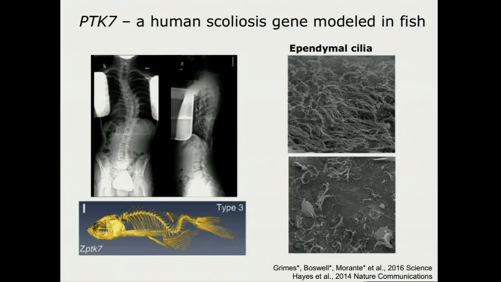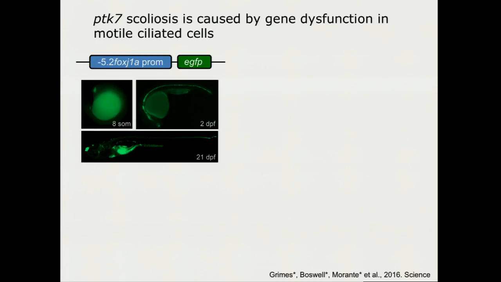To try and address that, we used a FOXJ1A promoter element. This is a piece of DNA which drives expression, in this case of GFP, anywhere where there are motile cilia. So this is a motile cilia cell-specific sort of transcriptional driver. And you can see, particularly in the 21 days post-fertilization, you can just about see it, I hope, in the spinal canal.